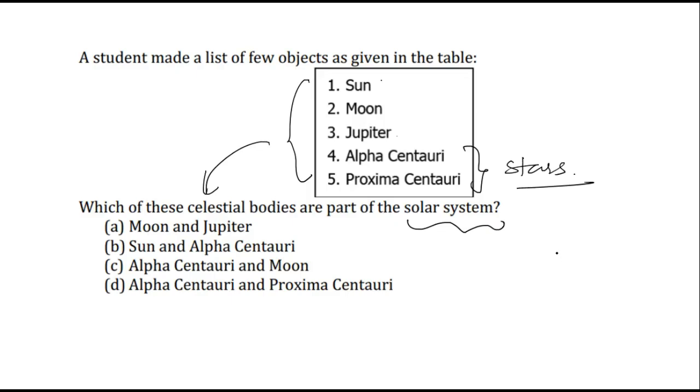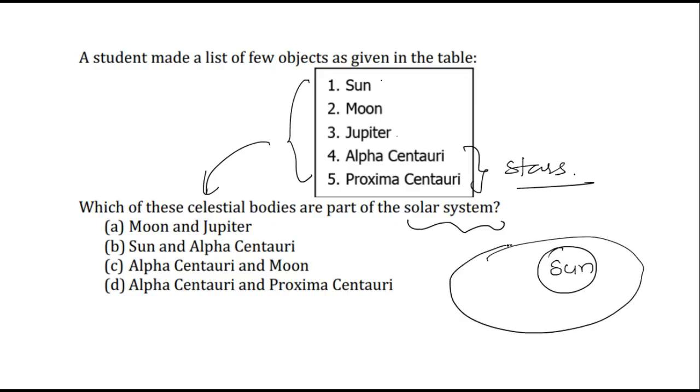Now what is the solar system? The solar system includes the Sun and all those which are revolving around the Sun. That includes satellites, planets, comets, asteroids, meteors. So let us go through these options one by one.